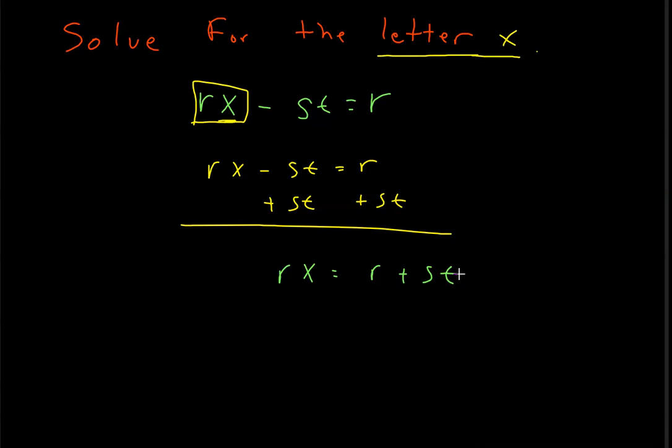My last step is to divide away the r that's next to it. So Rx equals r plus st. I'm going to divide this side by the letter r and this side by the letter r. That way, the r's cancel.